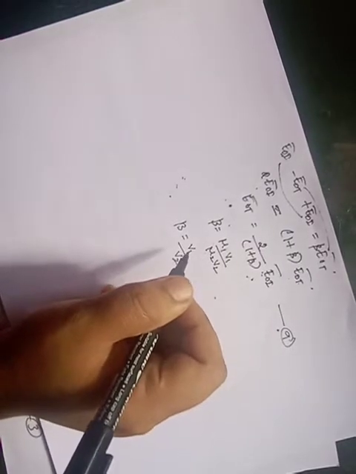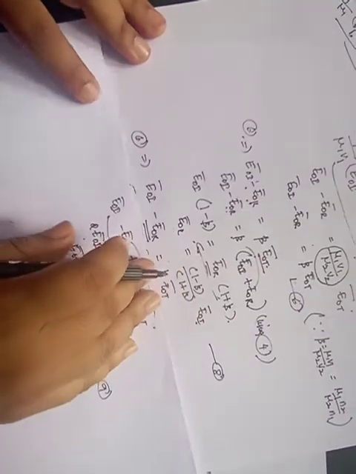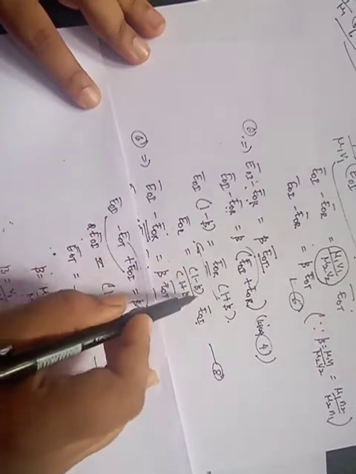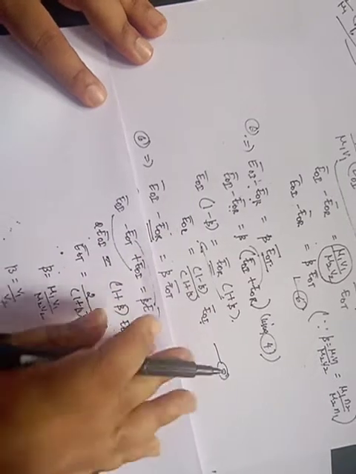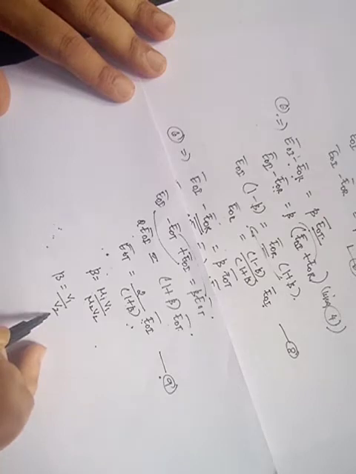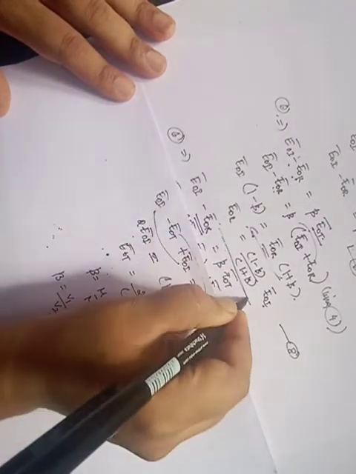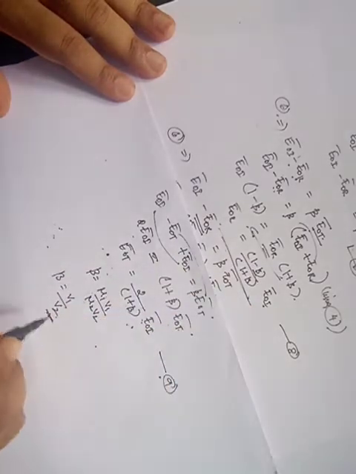Now we have obtained two relations, equation 8 and equation 9. Equation 8 is E naught r is equal to 1 minus beta by 1 plus beta into E naught I. In this equation, instead of beta we are going to write v1 by v2.